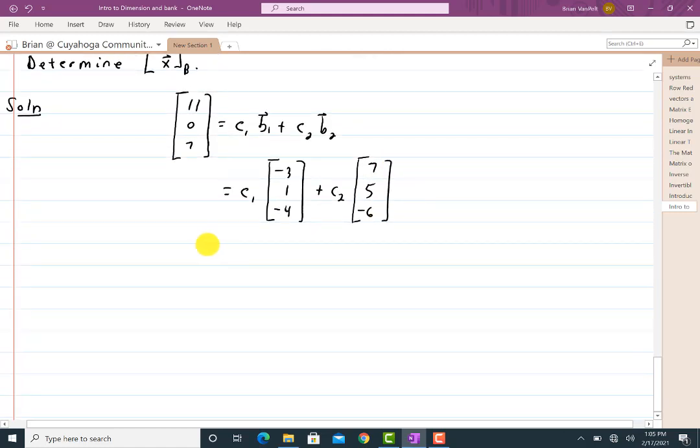Now let me put this into an augmented matrix. The reason why this one is going into an augmented matrix is because I only have 2 unknowns, so I don't have enough columns in my matrix to give me an inverse. Since I can't rely on an inverse, I'm going to have to take my chances with row operations instead.